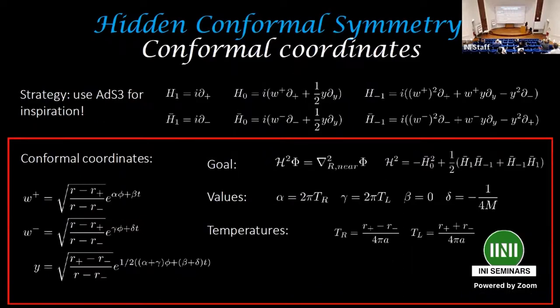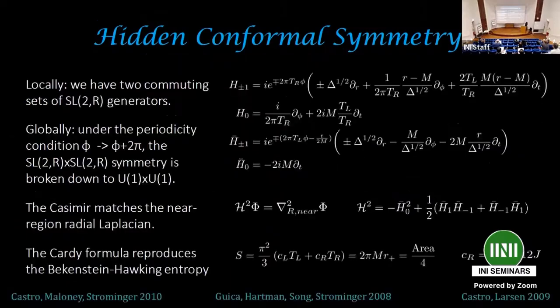with this coordinate transformation in hand, we can take these AdS3 Killing vectors and write them in Boyer-Lindquist coordinates. And lo and behold, we have two commuting sets of SL(2,R) generators. But as you can see, they're not globally well defined. So locally, we have two commuting sets of SL(2,R) generators.